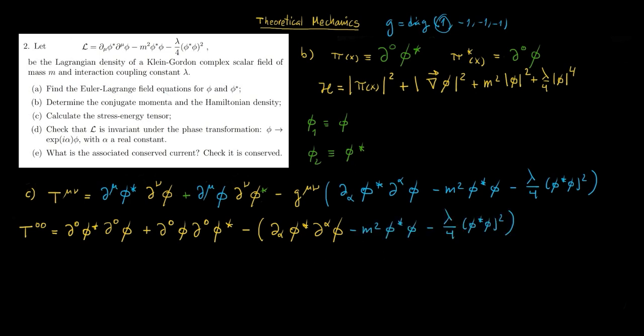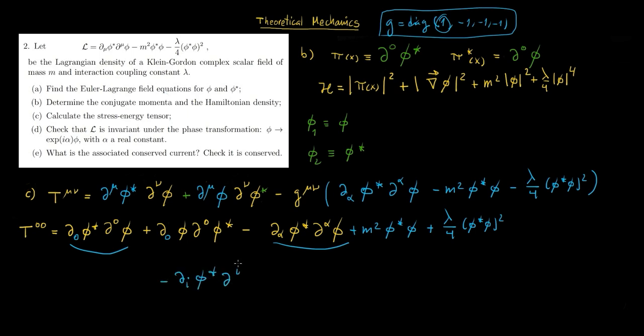So let's change the sign, minus and plus, and if we lower the index, for the same reason as before, if we subtract this minus this, the surviving term is minus partial i phi star partial i phi.